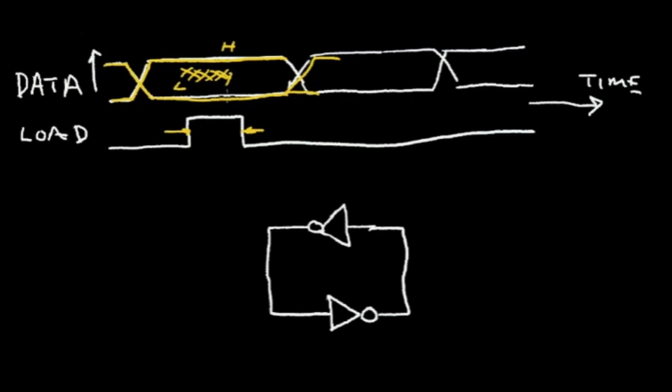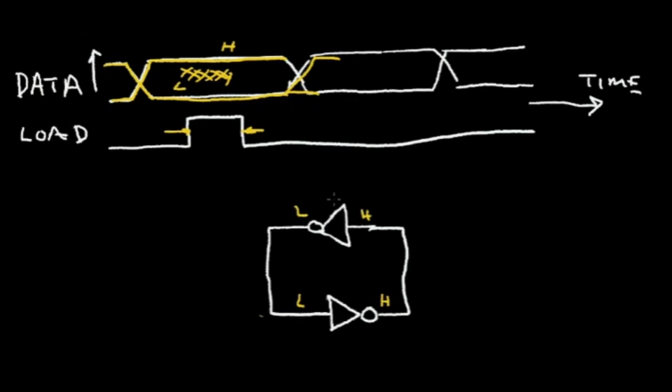And a latch is a memory device that can use this data at a later time. So below I have two inverters connected to each other to form a memory element. So if my data at the input is low here, this inverter converts it to a high signal at the output. This inverter takes the high signal and it converts it to a low signal.